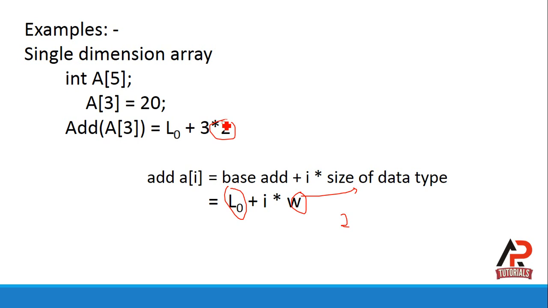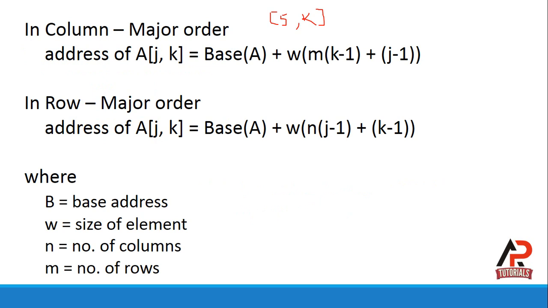So W represents the size of the element, M is the number of rows and N is the number of columns.